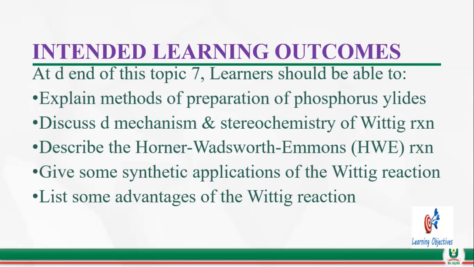So it is a modified version of the Wittig reaction to take care of the limitations. The student should also be able to give some synthetic applications of the Wittig reaction, and lastly, list some advantages of this Wittig reaction.